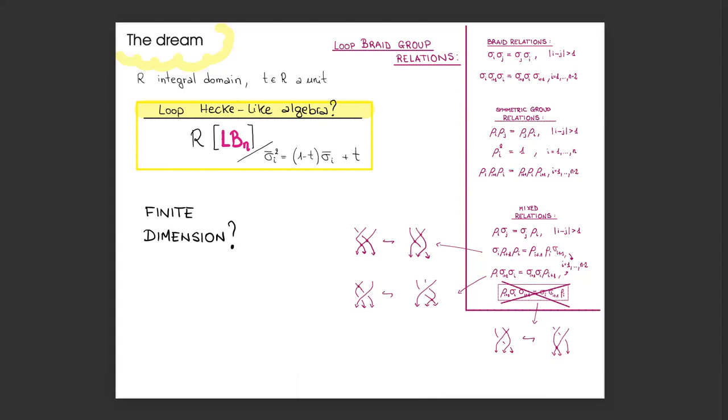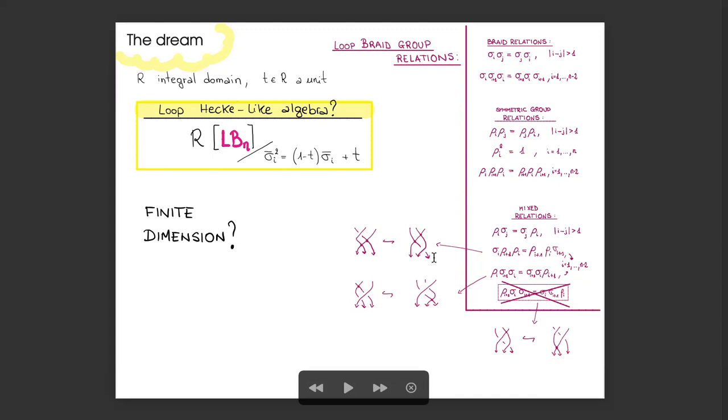And then we have these two others where we say that sigma i rho i+1 rho i is equal to rho i+1 rho i sigma i+1, meaning that if I take a classical crossing, I can slide it through two welded crossings, and this is a relation.